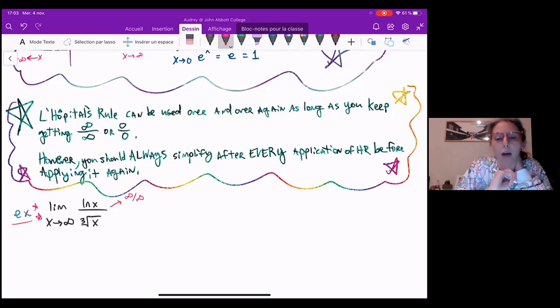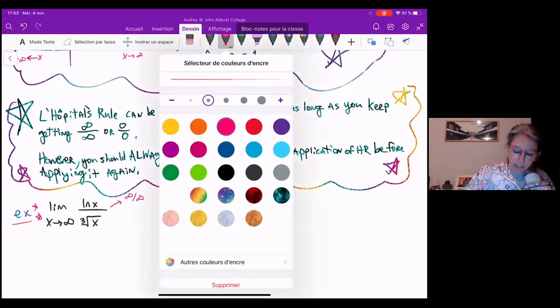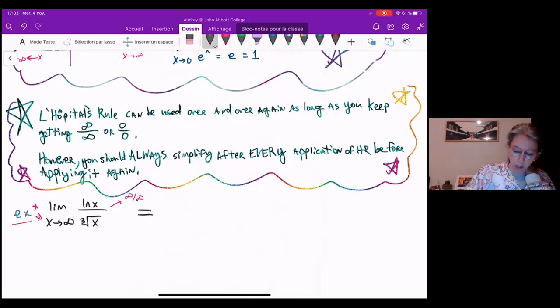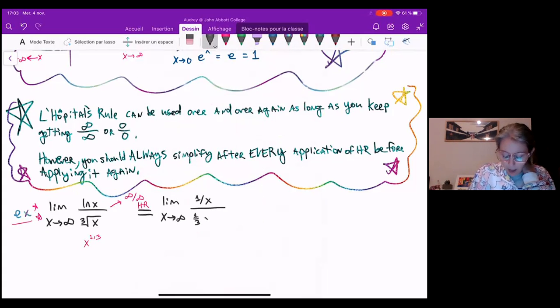Remember, we looked at the graph of ln before, and we saw that as x is approaching infinity, ln x is also approaching infinity, which means that I can use L'Hopital's rule here. So we'll put our little HR on top of the equal sign, and we'll get the limit as x approaches infinity of 1 over x. And then this right here is like x to the 1/3. So I'm just applying my power rule, 1/3 x to the negative 2/3.